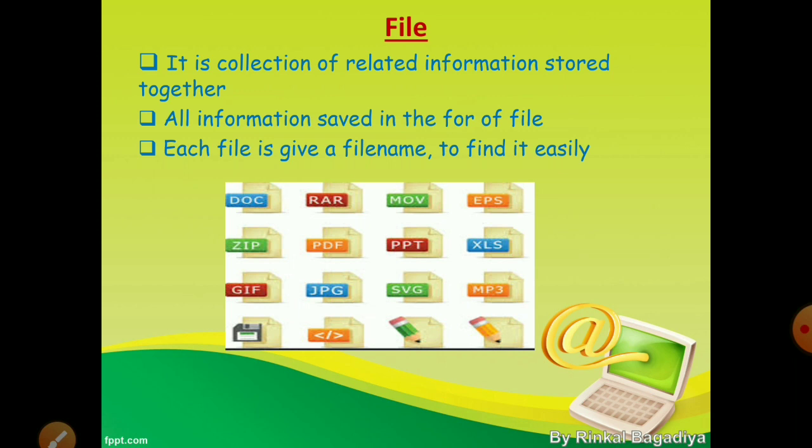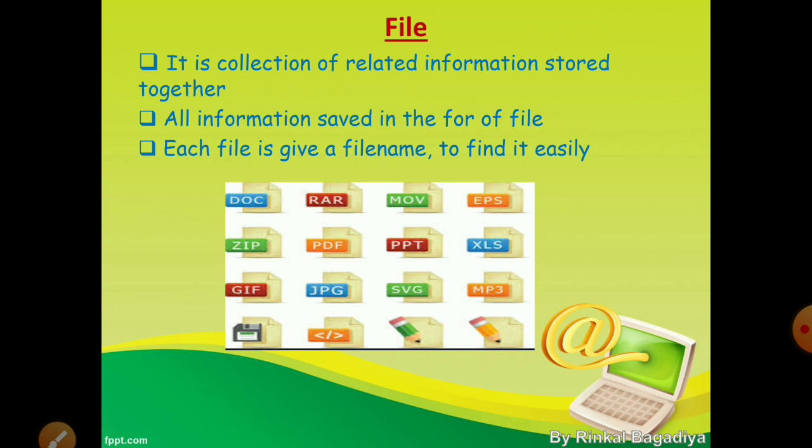All information in a computer is stored in the form of a file. Each file is given a file name that helps us to find it easily later on. It means when we save a file, we give a file name as per the content it stores. So we can easily find any file whenever we need it. So a file name is a must here.